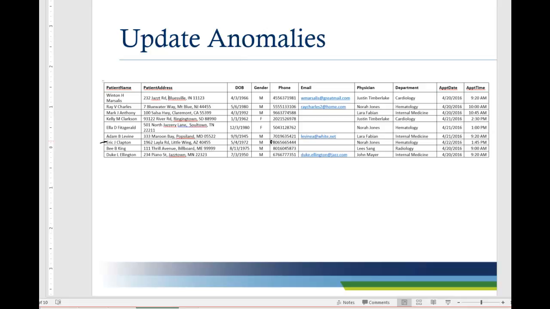If you have only one record like this, it's quite easy to update it. But if you have hundreds and hundreds of records that need to be updated, it could be very, very cumbersome. And imagine if one of those records does not get updated, or another one was updated incorrectly.